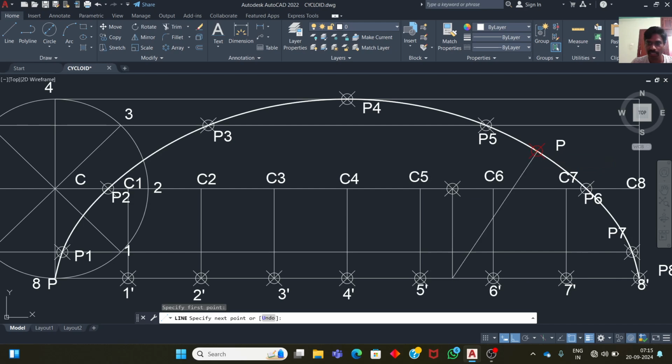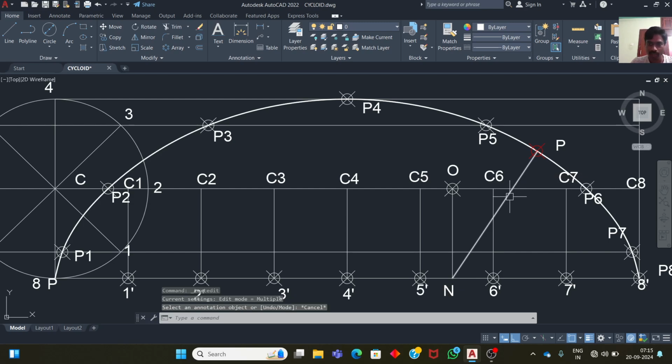This is the normal line. For example, we can denote this point by O, and this is the normal, so here we can denote it by N.